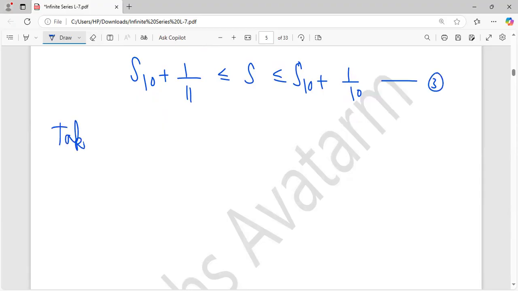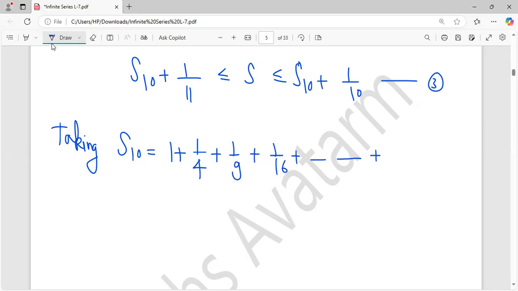Taking S_10 is equal to 1 plus 1 upon 4 plus 1 upon 9 plus 1 upon 16, up to 1 upon 100.